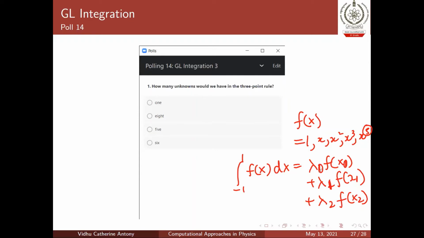Okay, so that's what you're going to get. What are the parameters? Lambda 0, lambda 1, lambda 2, x0, x1, x2. So you have 1, 2, 3, 4, 5, 6 parameters, and that's the answer.